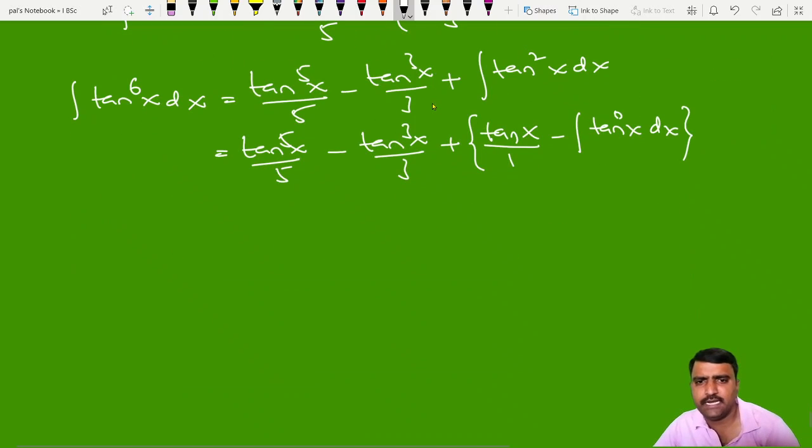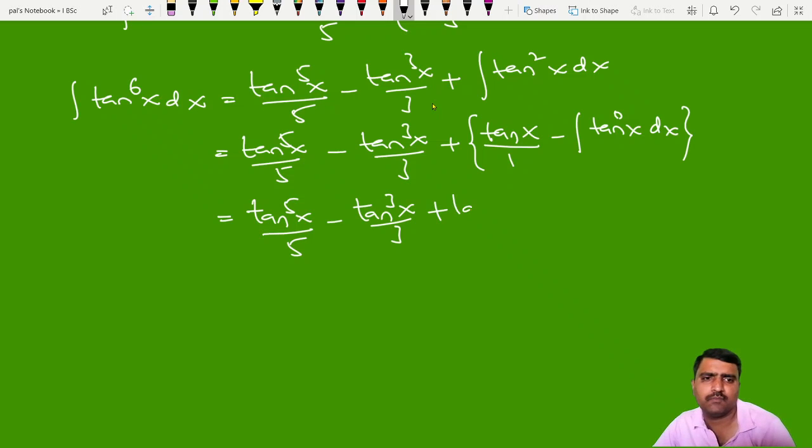Which is equal to tan to the power 5x by 5 minus tan to the power 3x by 3 plus tan x minus, this is tan to the power of 0 which means it is 1, dx, plus constant.